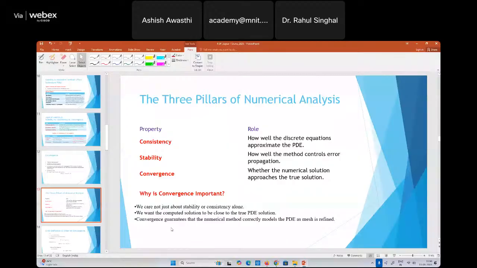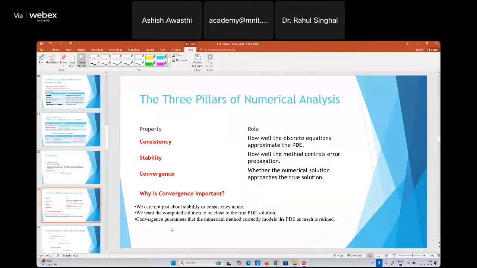Stability means how well the method controls the error propagation, and convergence means whether the numerical solution approaches the true solution, right? So if you can ensure these three things in any numerical method, that means it is a robust method.